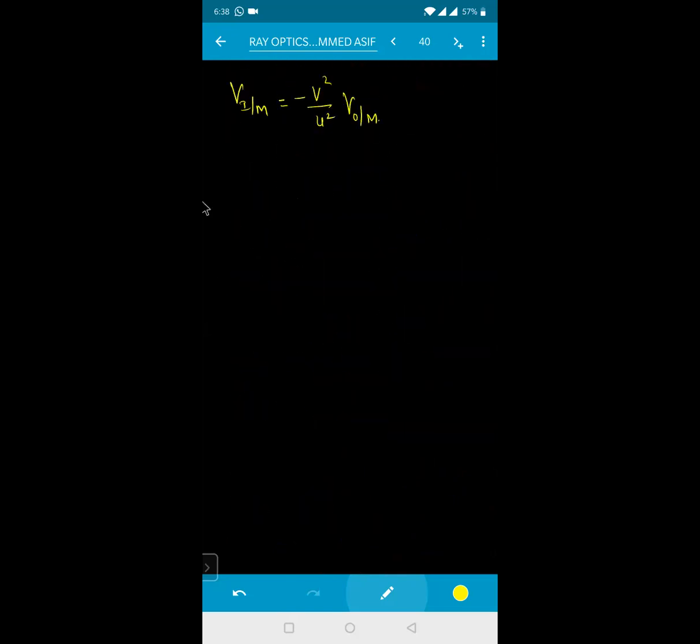So I can write right now, velocity of image minus velocity of mirror will be equal to minus, the image we got is minus 30, divided by the object, which is minus 60, whole square, into velocity of object minus velocity of mirror. This 0 gets cancelled, 3 ones are 3, 3 twos are 6, this will become 4.